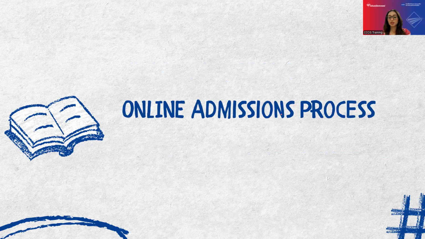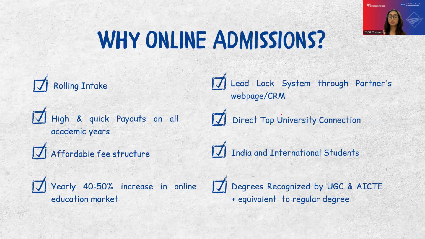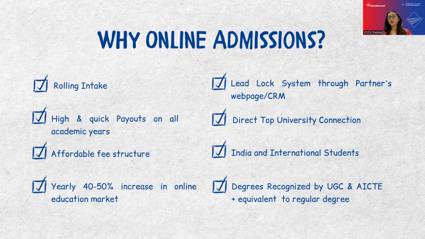In online India admissions, first of all, there is a rolling intake concept. Rolling intake means admissions happen 2 to 3 times in a year. Initially, the batches are formed, and once all the slots of a batch are filled, the classes for that batch will start.